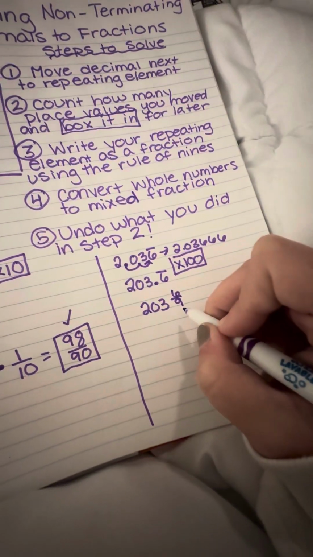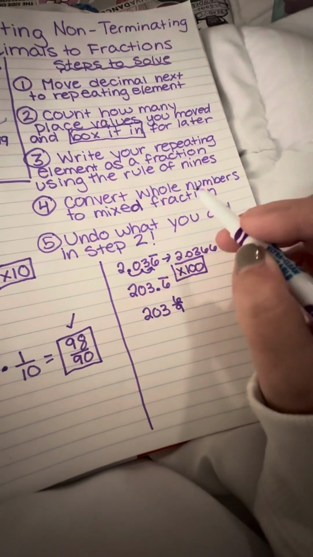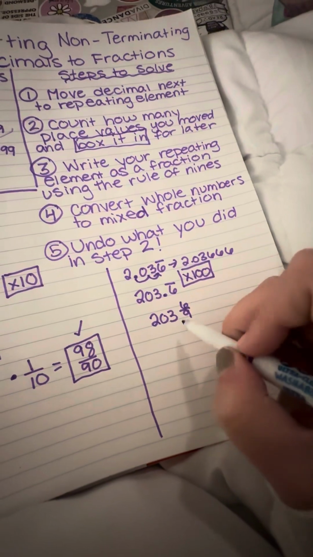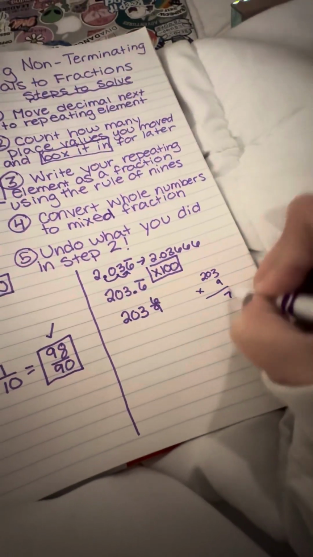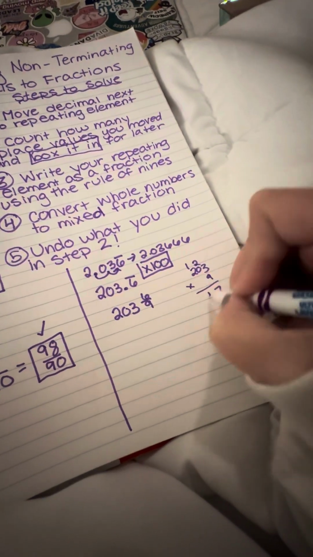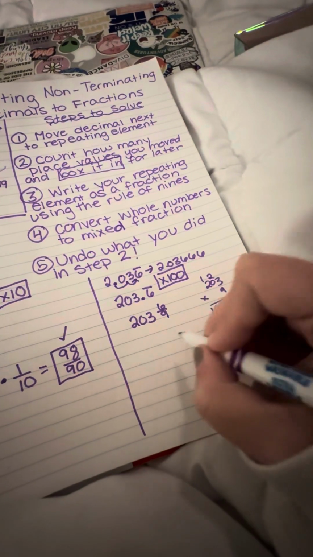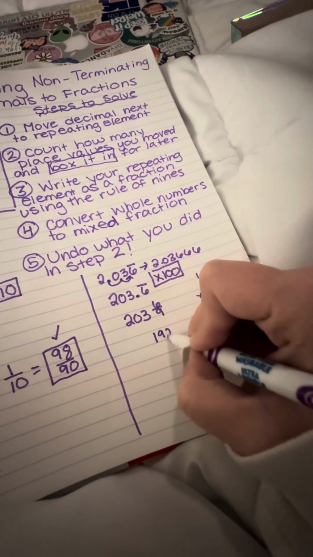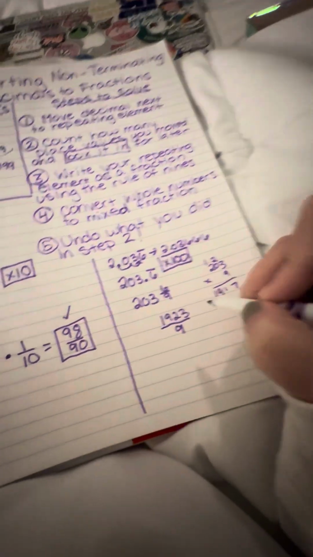Okay, we're going to do step 4, which is converting our whole number into a mixed fraction. So 203 times 9, I'll do it real quick. 203 times 9. So 1827 plus 6. So that's going to be 1833 over 9.